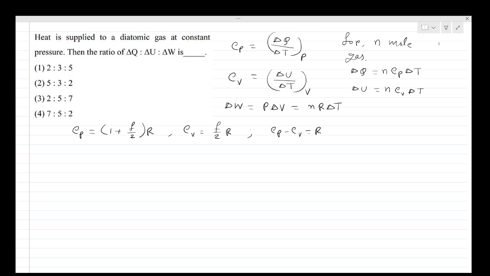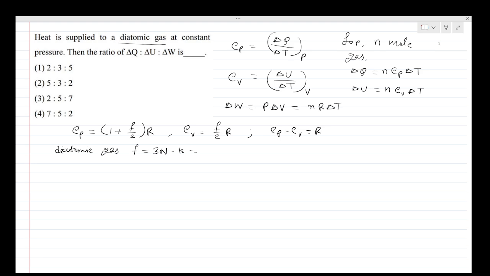Now, how can we calculate f, the degrees of freedom, for the given diatomic gas? We can write for a diatomic gas, the degrees of freedom f equals 3n minus K, where K is the number of constraints and n is the number of particles.